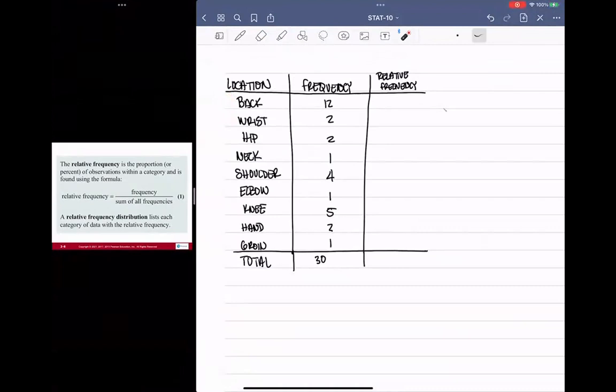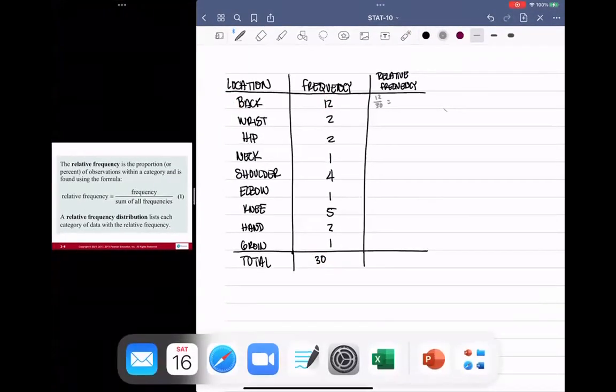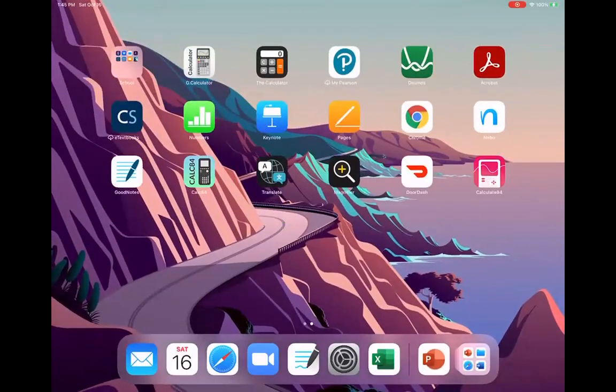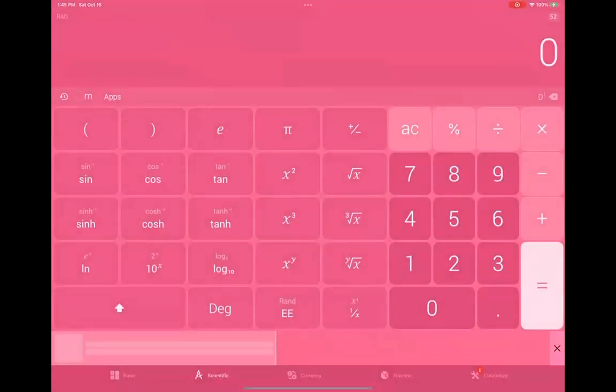So with this very first one with back, the frequency for back was 12 and the total frequency was 30. So now the relative frequency for this one is going to be 12 divided by 30. And let's see what that value is. So 12 divided by 30.